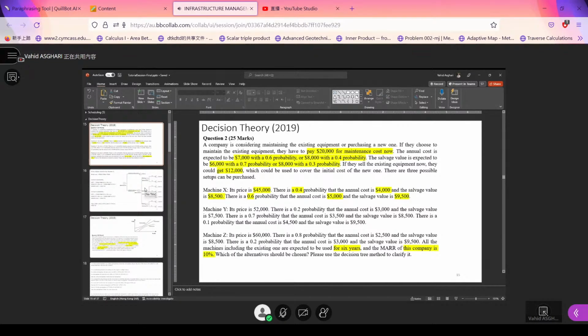Once you know how to solve the problems covered in the slides and presented in the assignments, you will 100% be able to solve the problems in the exam as well. But in decision theory, there are tons of areas for having something new, an idea, and you need to read the questions carefully to understand it.